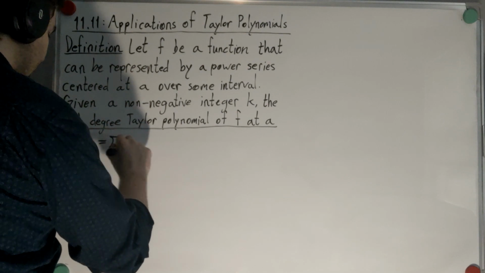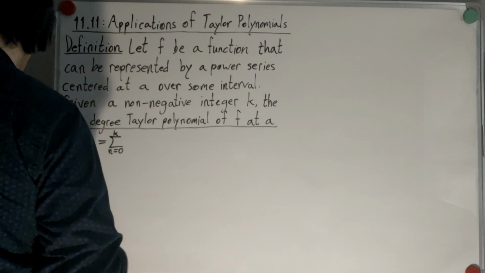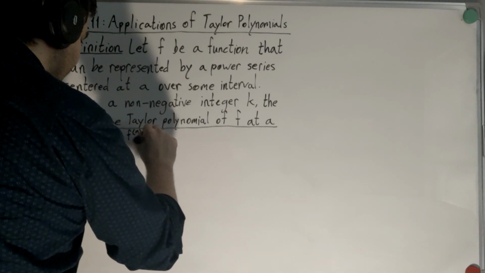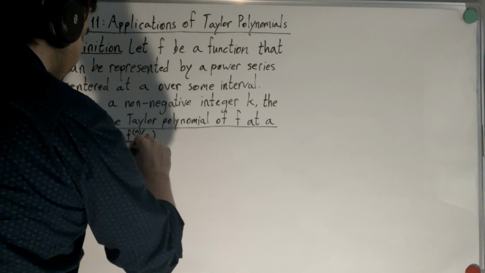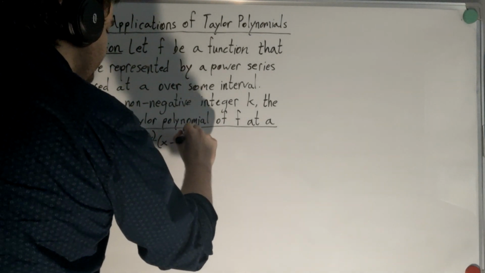This is the polynomial sum from n equals 0 up to k of the nth derivative of f evaluated at a divided by n factorial times (x minus a) to the nth power.